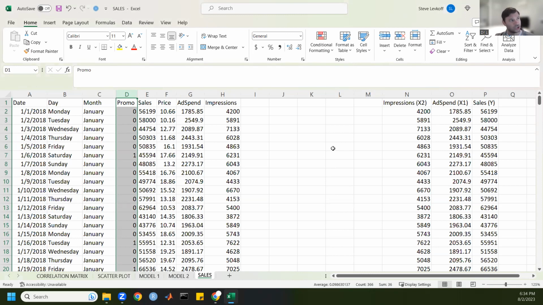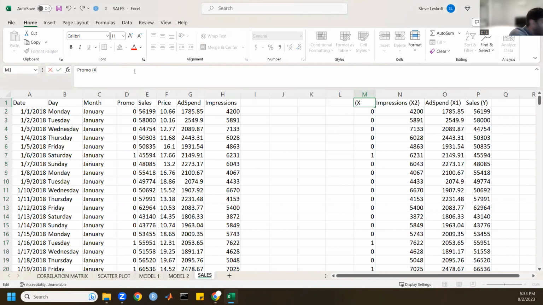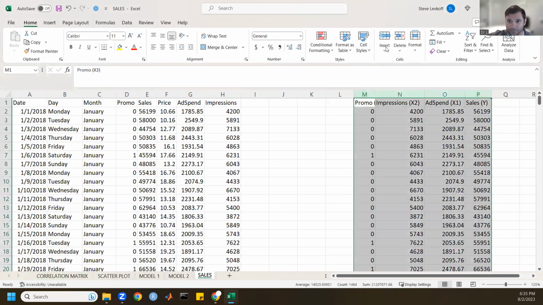You might say it looks like a discrete numeric variable, and you wouldn't be really wrong in making that argument. It can take on 0 and 1. It's a discrete set of values, but it's really a categorical variable. The zeros could have been no's, the ones could have been yes, and we've just coded that numerically here, which I'm going to argue is very convenient in that we can copy that column and include it in our regression just like we did the numeric columns that were ad spend and impressions.